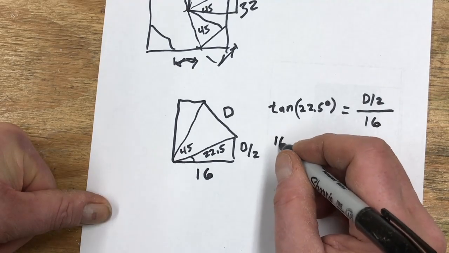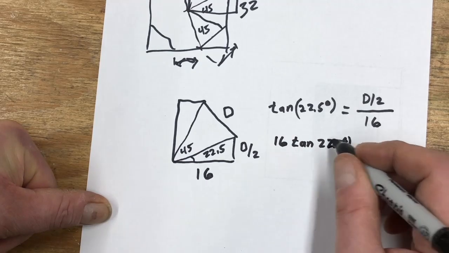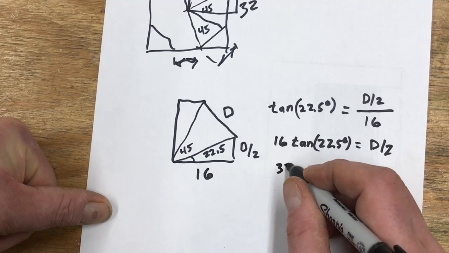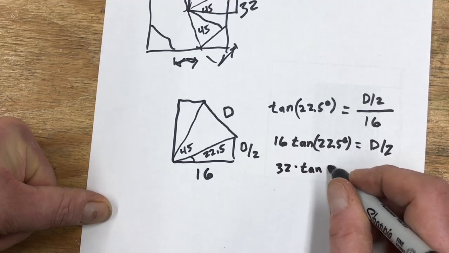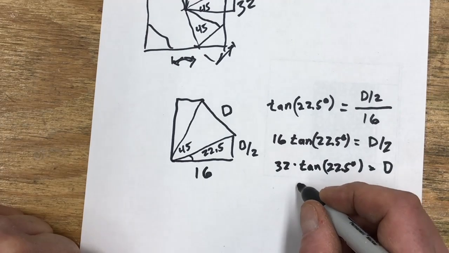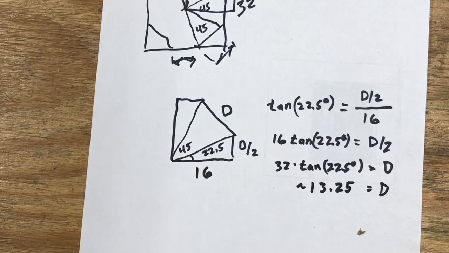So just doing a little algebra, 16 times the tangent of 22.5 degrees is d over 2, hence d is 32 times the tangent of 22.5 degrees. You take out your handy dandy calculator, that means d is about 13.25 inches.